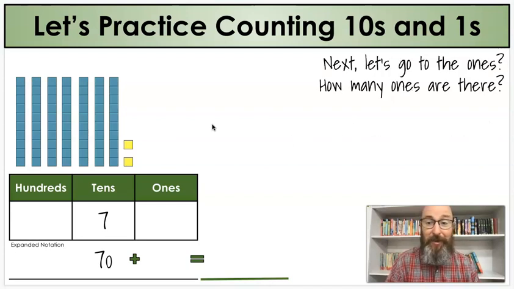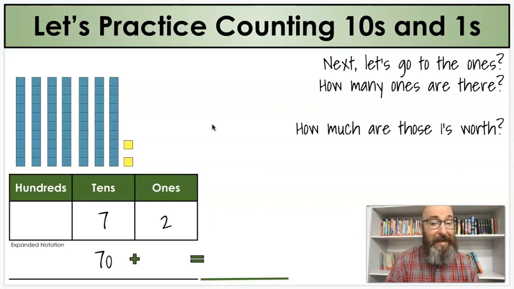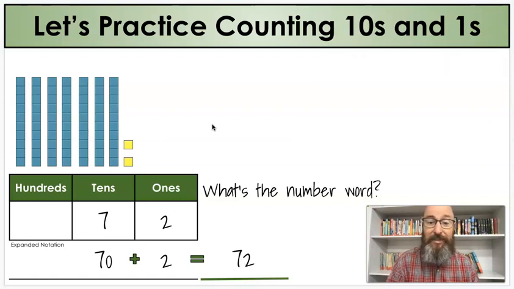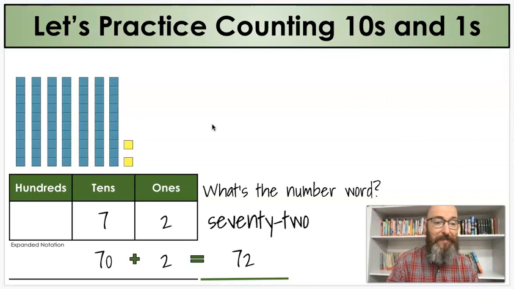And how many ones are there? 2. And how much are those ones worth? 2 is correct again. 70 plus 2 equals, expand the notation, turn back into a real number, 72. What's the number word? 72. That's our last one.